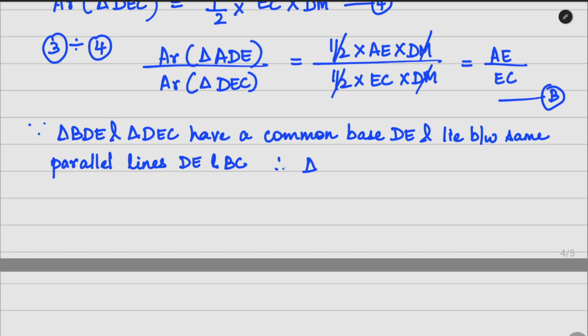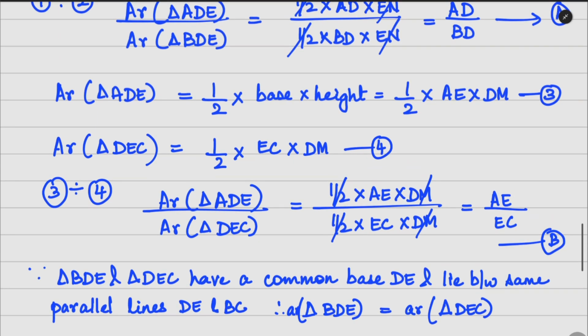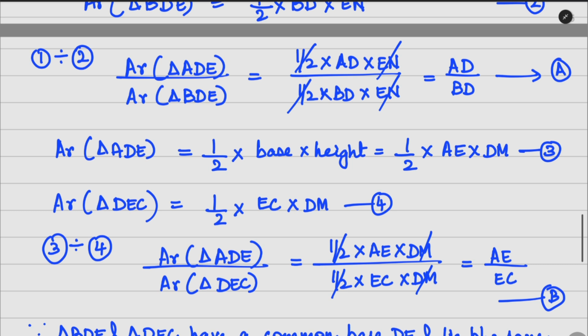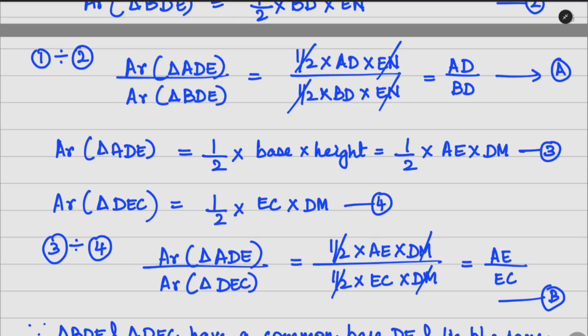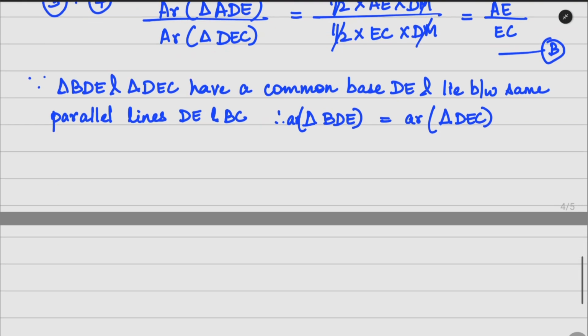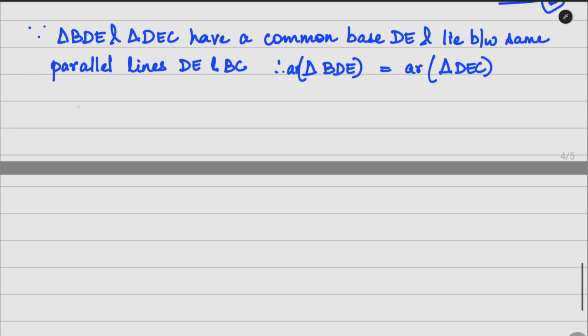That is, the area of triangle BDE is equal to area of triangle DEC. Okay, so therefore if you take these from A and B, this is your A and this is your B, BDE is equal to DEC, both are the same. So let us just say this is equal to this.